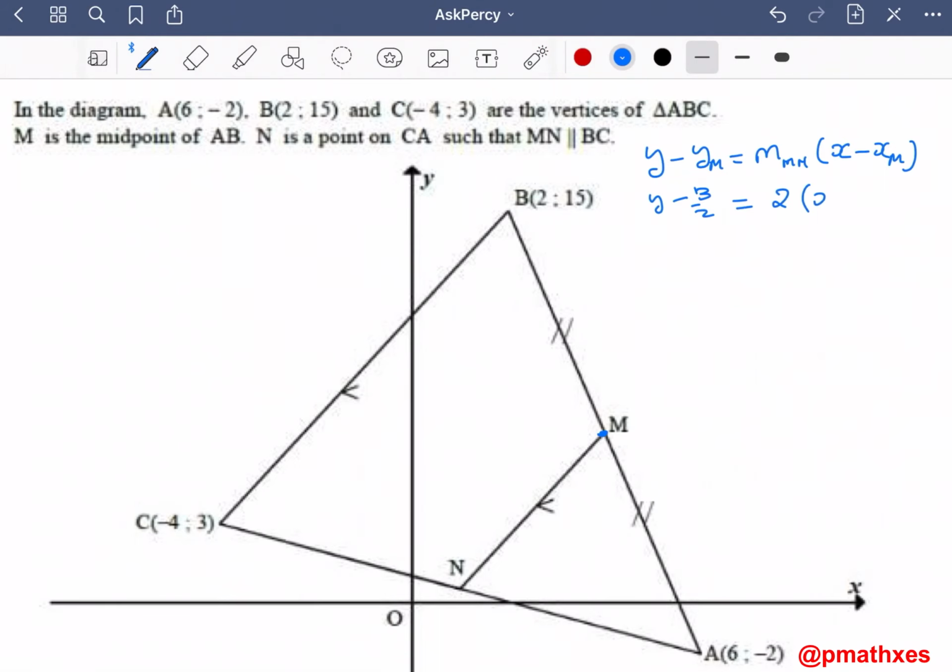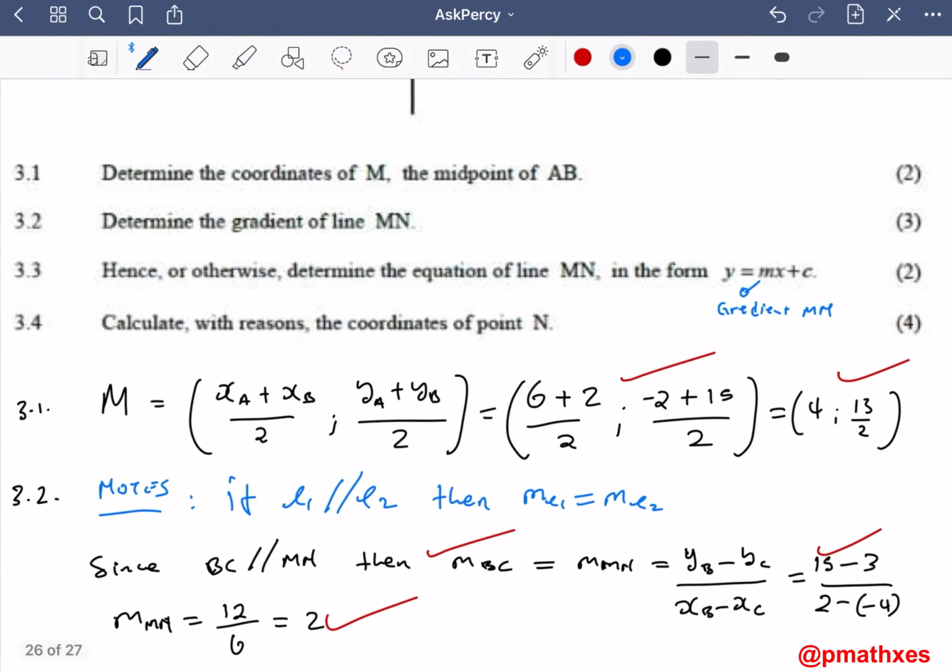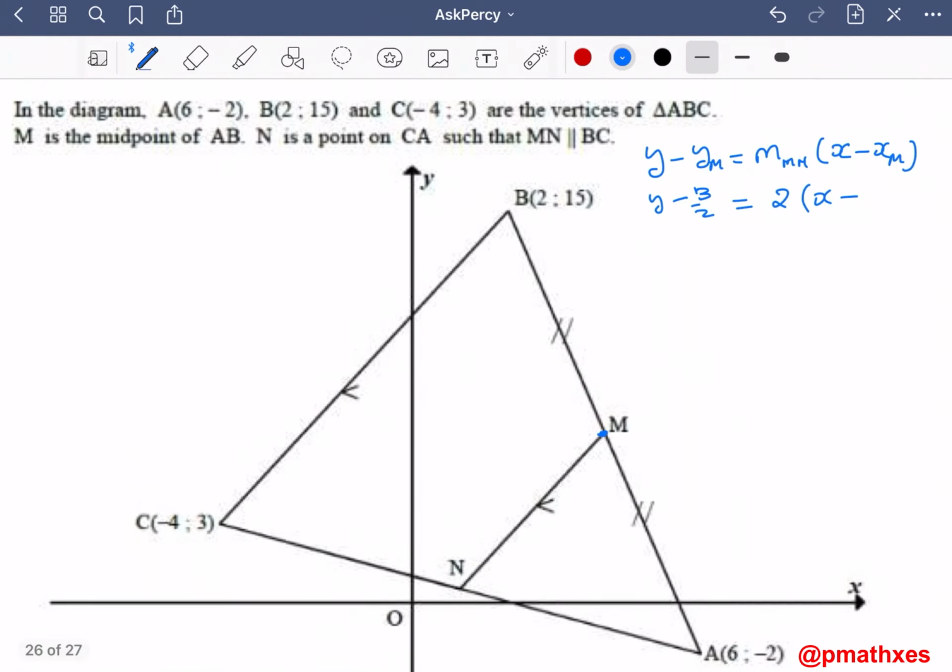So it's 2 times x minus the x value of M, which is 4. Now I can just simplify this. So 2 times x, which is 2x, and 2 times -4, that is -8.